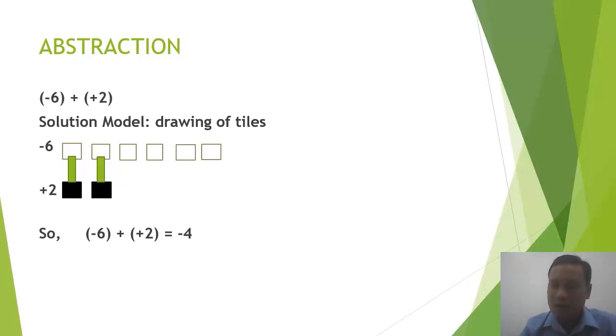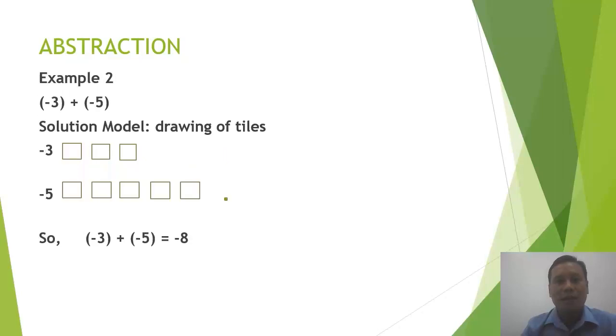So the sign that you are going to affix is negative, because that is a white tile. So the answer to our example number 1, negative 6 plus positive 2, is negative 4.